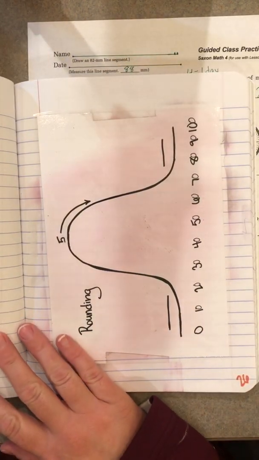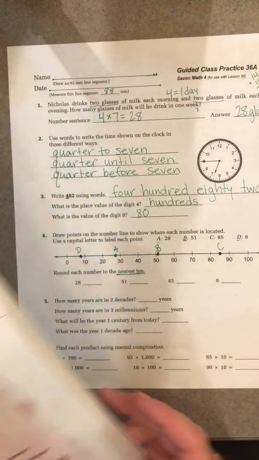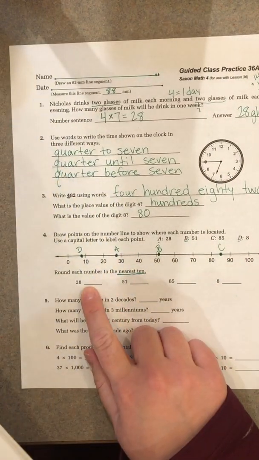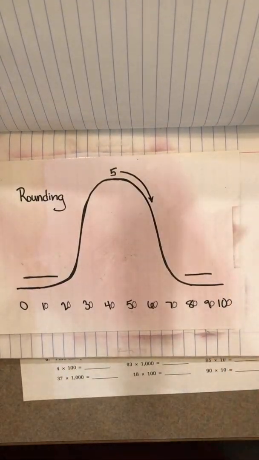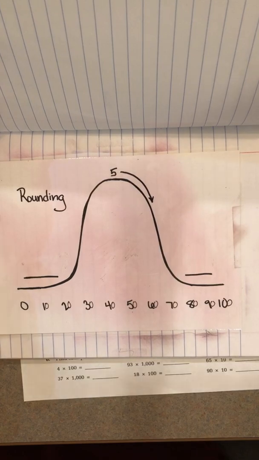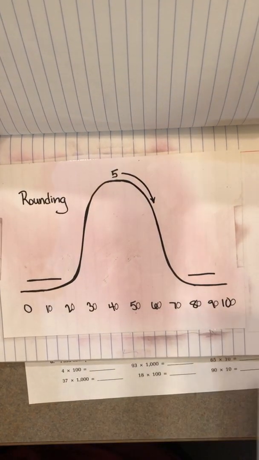Okay, remember this? So, we're rounding 28 first, and I don't have a dry erase marker here. So we're gonna do our best with some scratch paper.